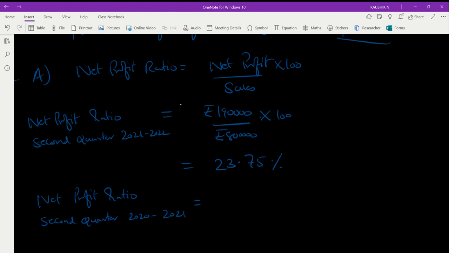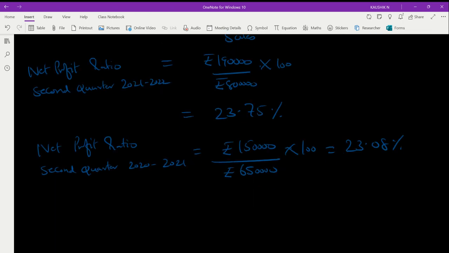So for this, the value is rupees 1,50,000 divided by the amount of rupees 6,50,000 into 100. Cancelling the common zeros, it will give you 23.08 percentage. Now you tell me which particular net profit ratio is higher, whether for the second quarter of 21-22 or 2020-2021, which is higher.